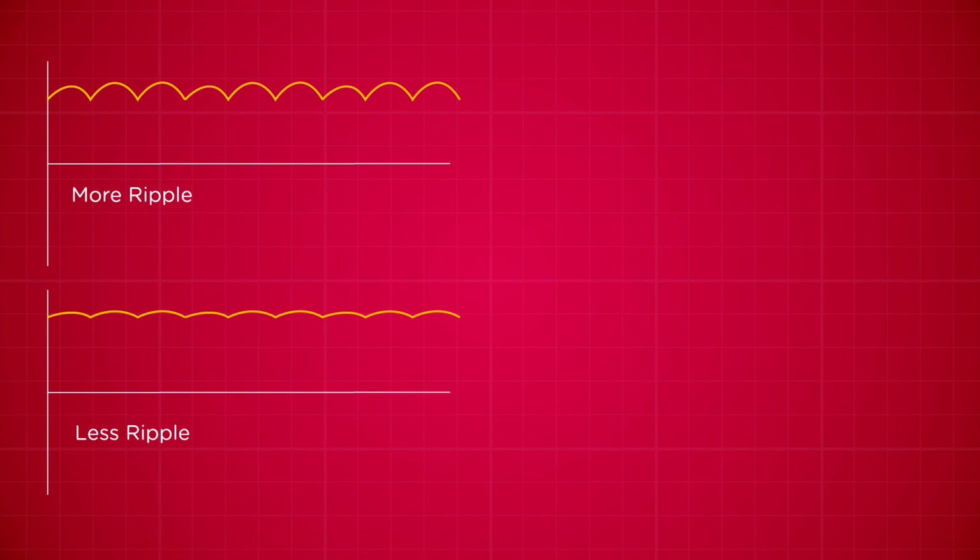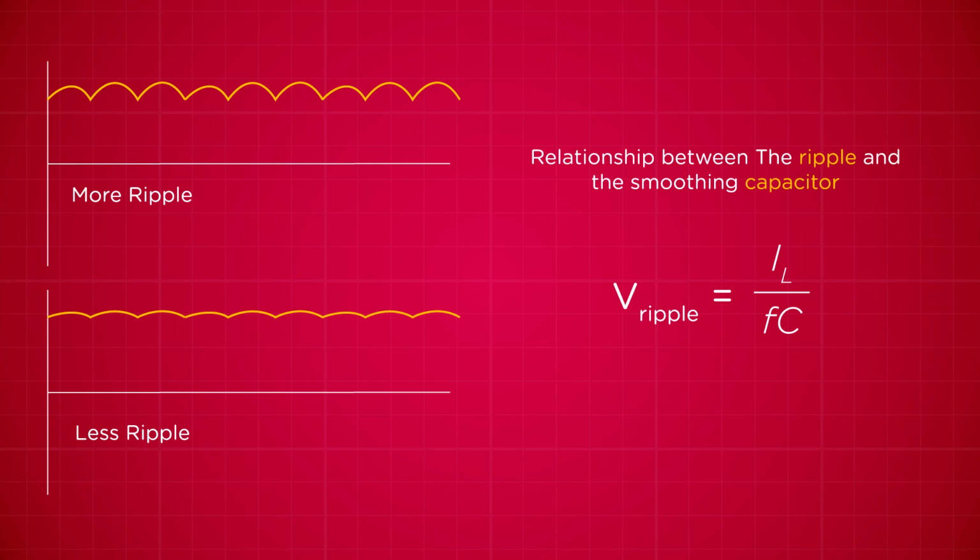Depending on how high or low the capacitor value is, we can have lower or higher ripples respectively. The relationship between the capacitor and the amount of ripple left can be seen in this equation. V ripple is equal to the load current divided by the frequency of the signal, that's our rectified signal, times the capacitance.